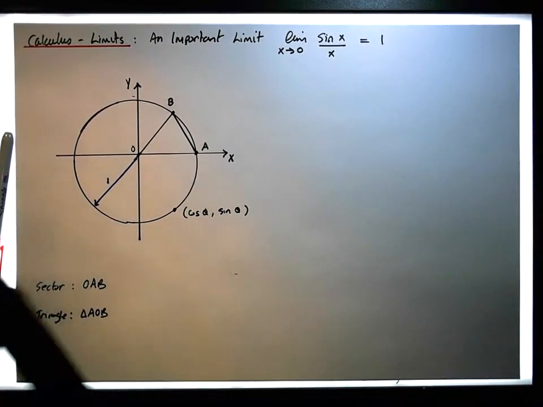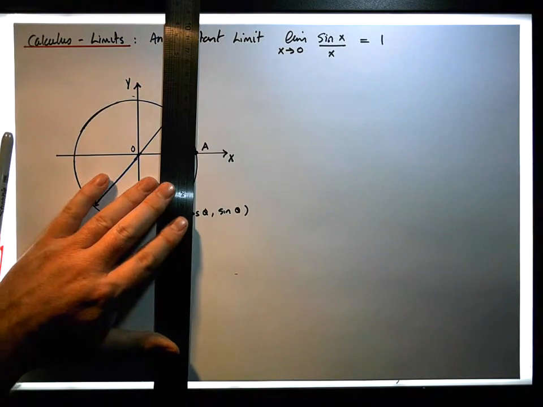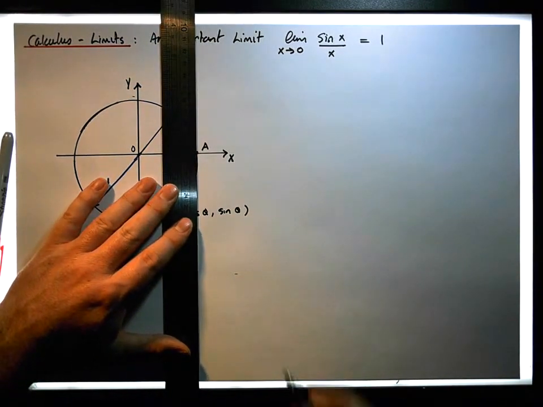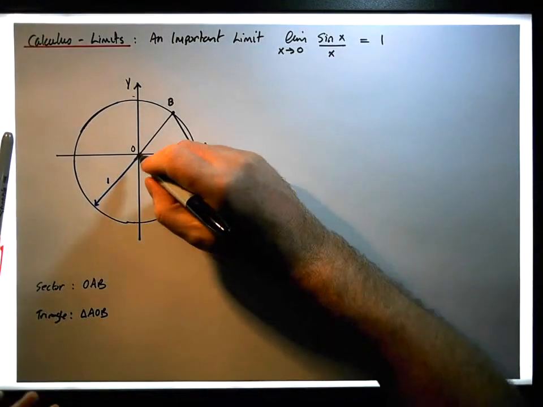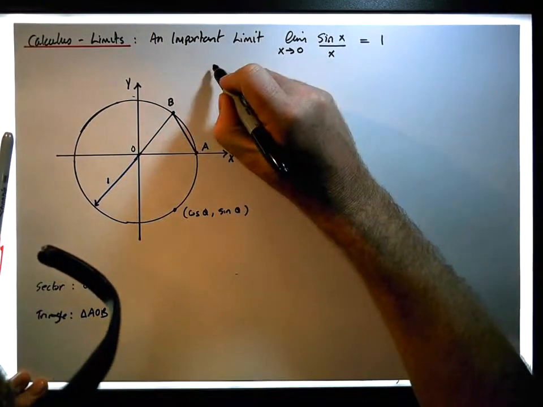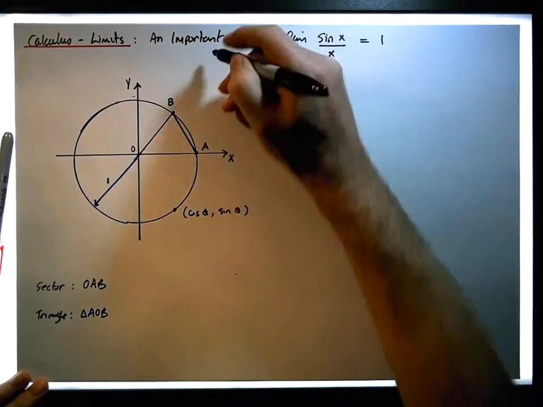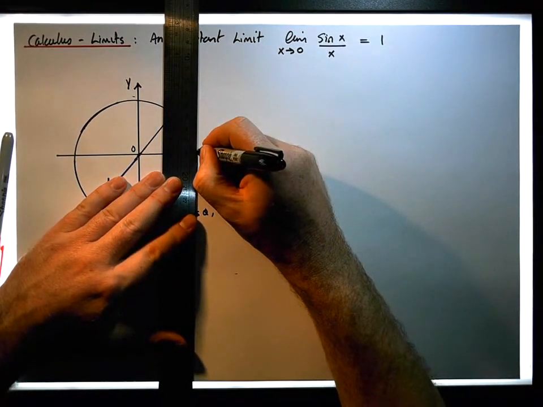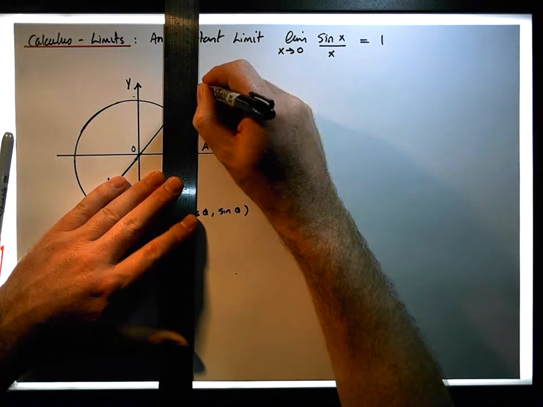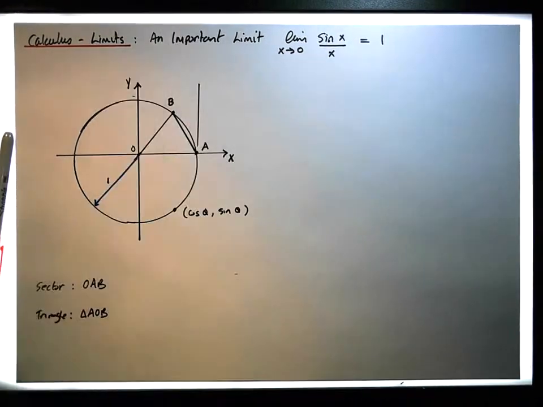Also, we're going to create a tangent at the point A and extend that upwards. We're also going to extend the line OB in this direction until it meets the tangent line at A. If I extend it to around there, that should do the job.